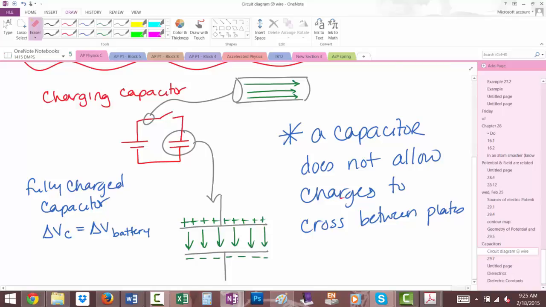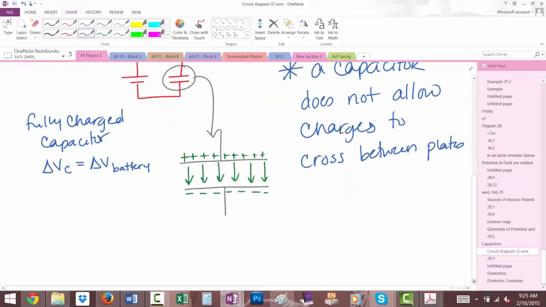Okay? So for right now, we're just going to hold on to that idea and write down a couple more things. We know, because we've talked about this before, that delta V sub C is equal to the strength of the electric field times the distance between the plates. Right? We said that a long time ago.